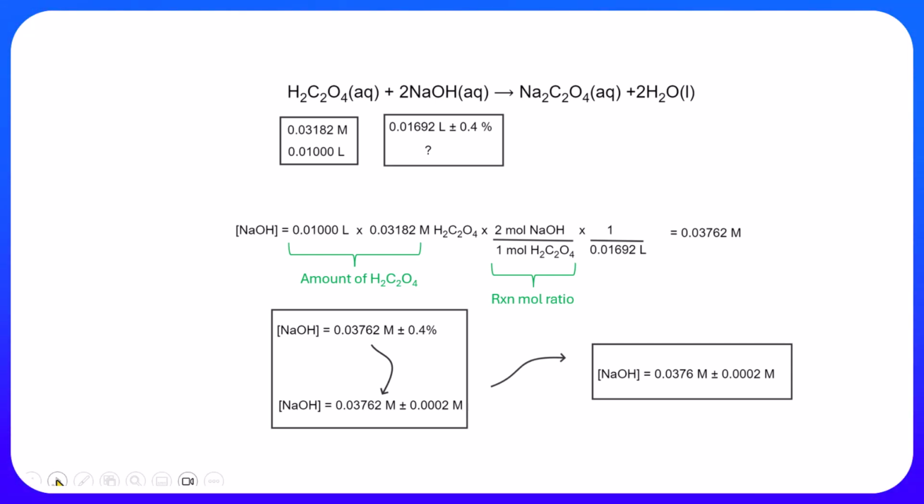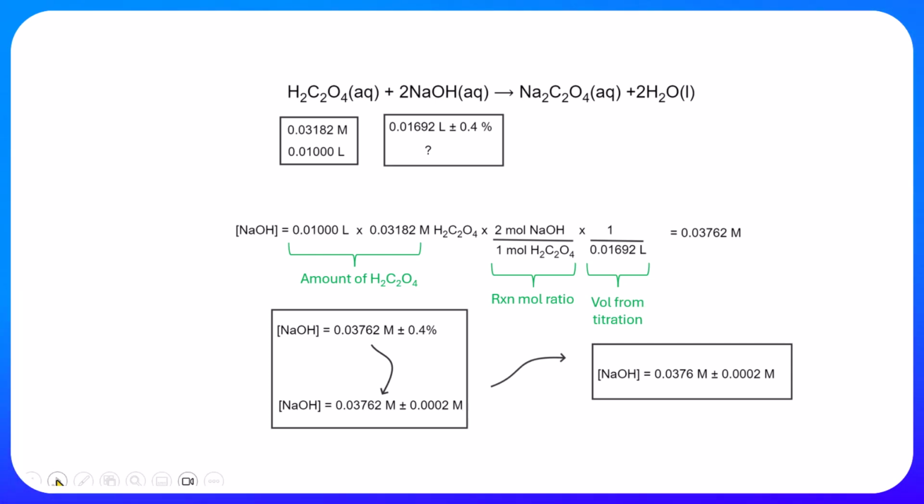Students in the lab context sometimes get mixed up in terms of what volumes you should be using. So understand that it was 10 milliliters of the oxalic acid that we pipetted. Understand that it was 16.92 mils that we used in the actual titration. And so when I'm going to calculate the concentration of my sodium hydroxide, that's the volume that I'll be using.